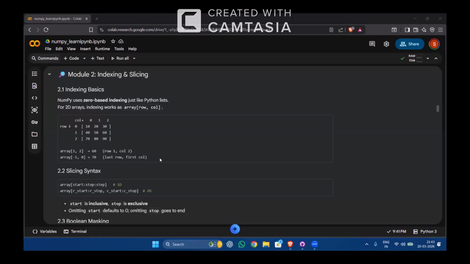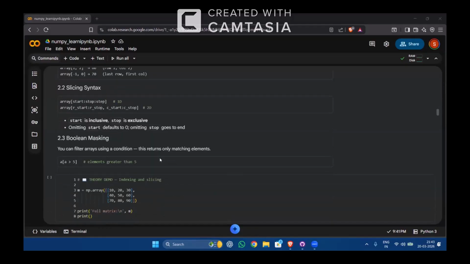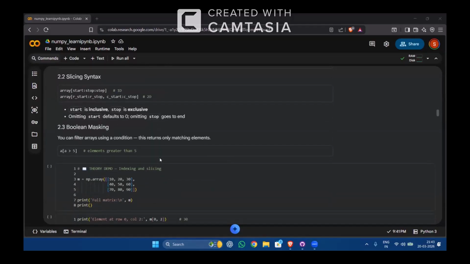And the next operation is slicing. Slicing is actually a provision to get a part of the existing NumPy array. The general syntax for slicing 1D arrays is start index, stop index, then step.